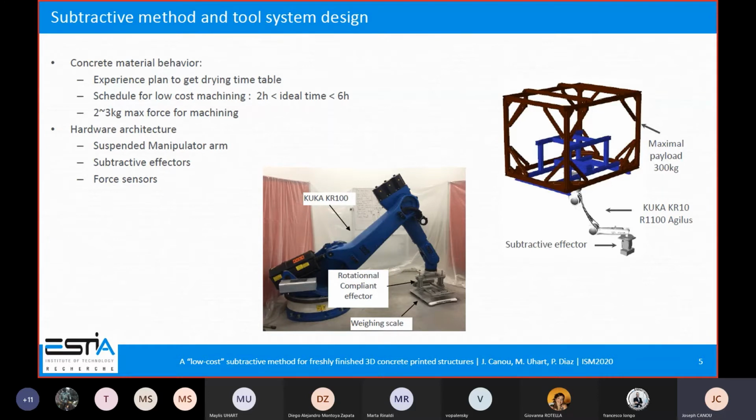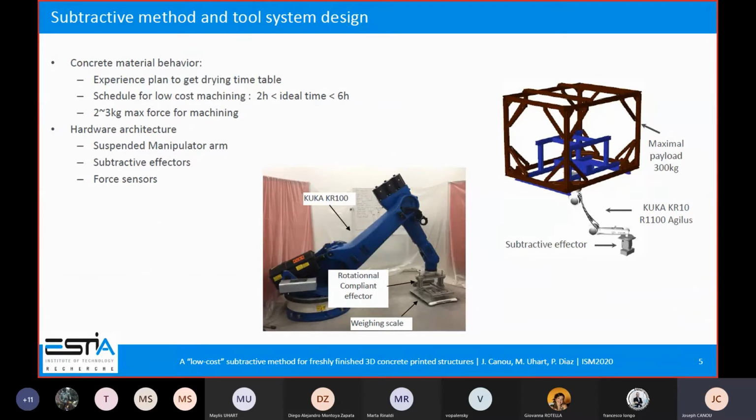So we have to study the maximum forces we would have to apply with our manipulator, robot manipulator, because we had some constraints. The maximal payload was 300 kilograms for the cable robot, but we had also some problem with flexibility of cables and this type of thing.